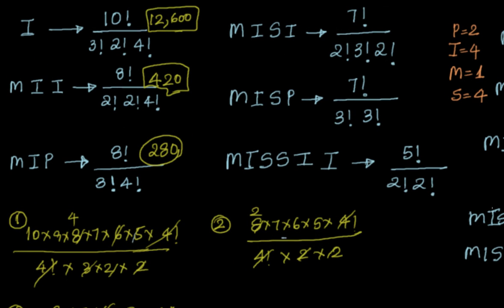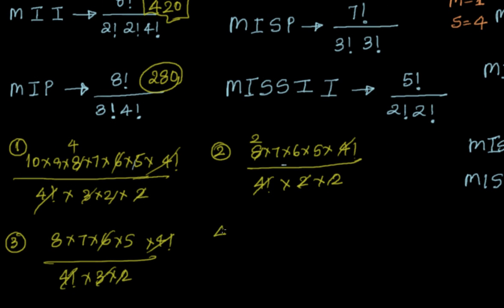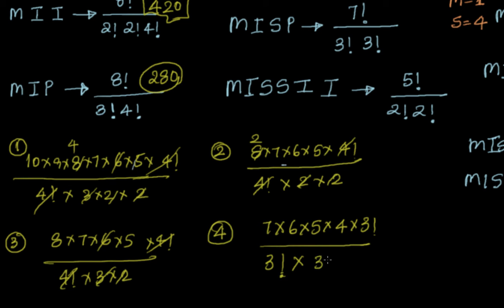Now next is factorial 7 by factorial 2 into factorial 3 into factorial 2. Okay, so 7 into 6 into 5 into 4 into factorial 3 divided by factorial 3 into factorial 3, which is equal to 3 into 2, which is equal to 6.